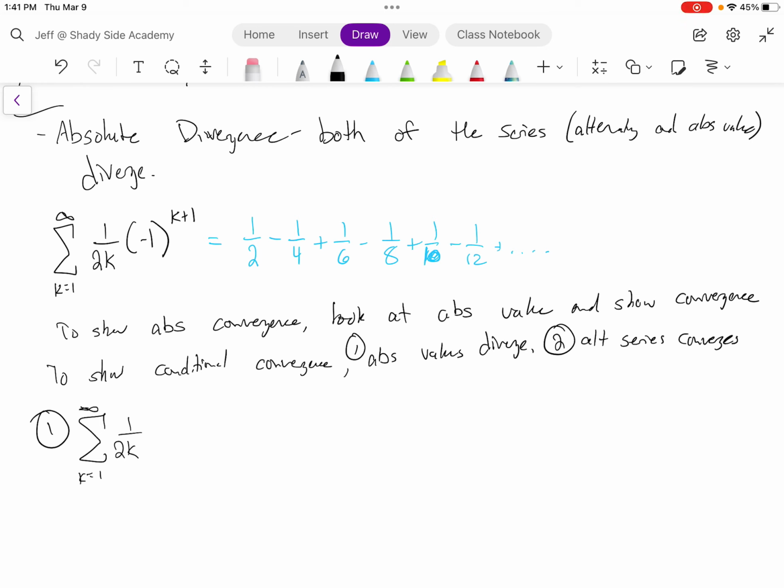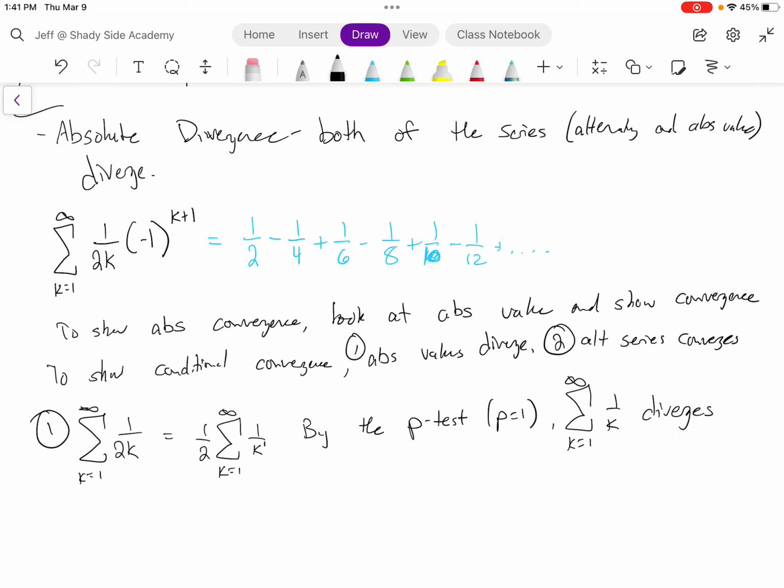Well, we know, either by the integral test or the p-test, we could say this thing is really a half times this sum, and by the p-test with p equal to 1, there's an imaginary 1 up there, this thing diverges. So we show that the absolute value guys diverge.